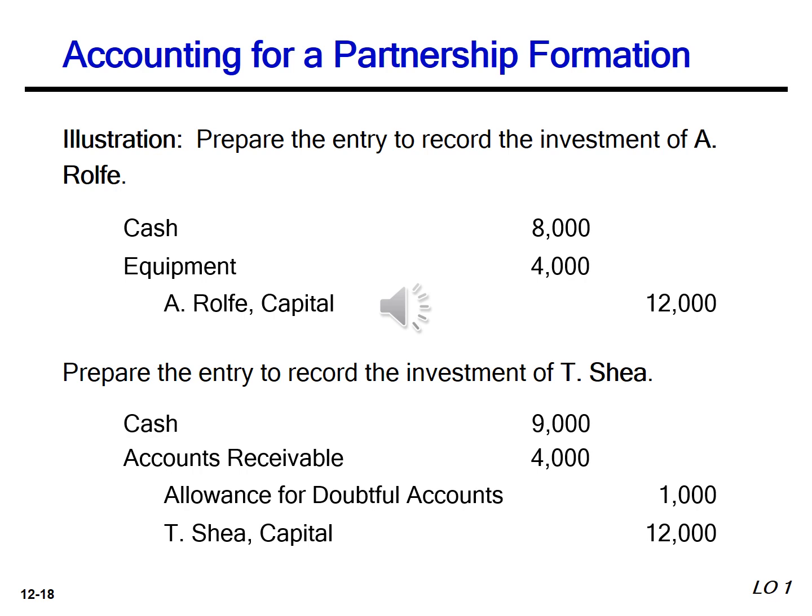Now, we only debited cash and equipment here because these are the two items that A. Rolfie is bringing into the partnership. For the second requirement, we need to prepare the entry to record the investment of T. She. And for T. She, we're going to debit cash 9,000 and debit accounts receivable 4,000. We're going to credit allowance for doubtful accounts 1,000, and the balance is going to be credited to T. She capital, which is also 12,000.